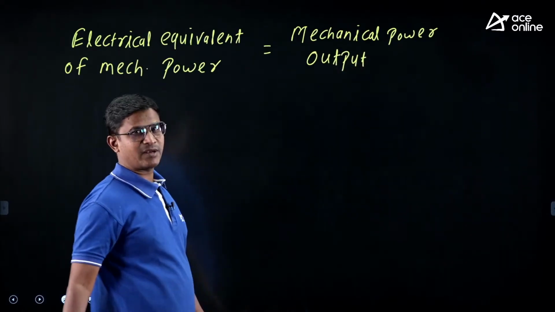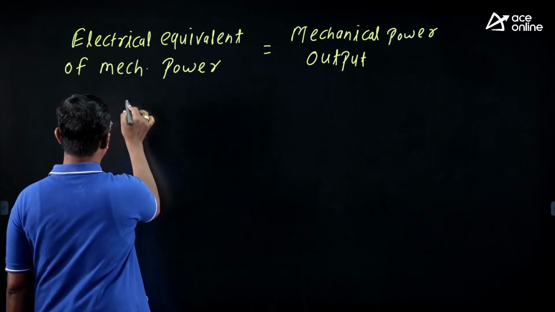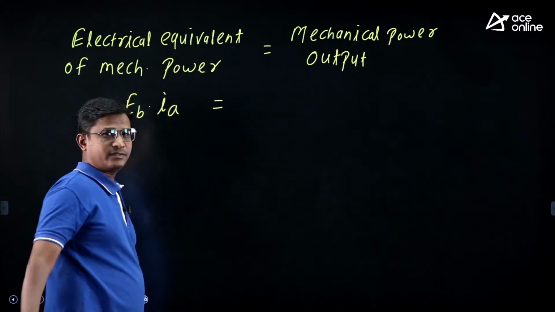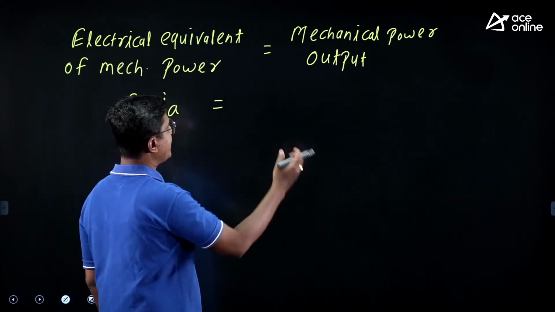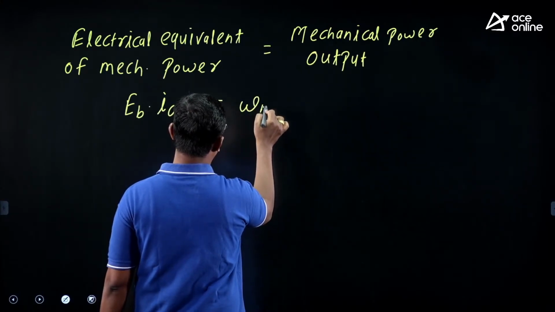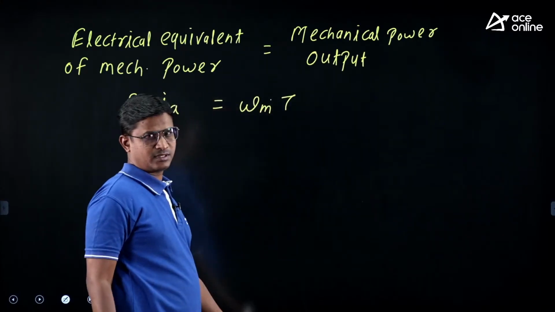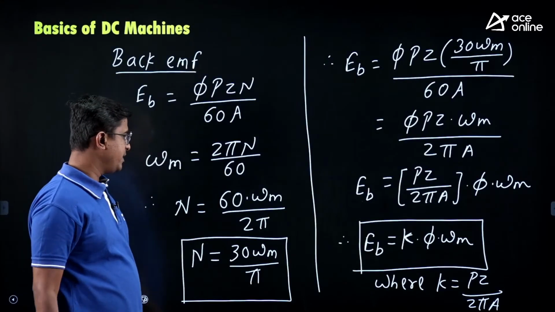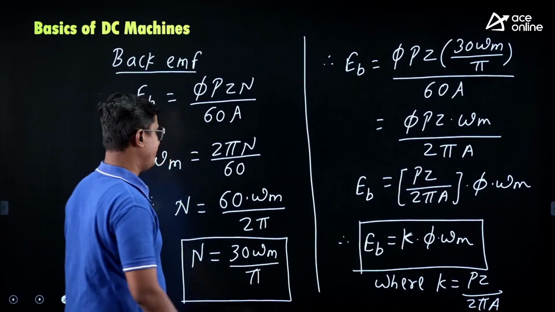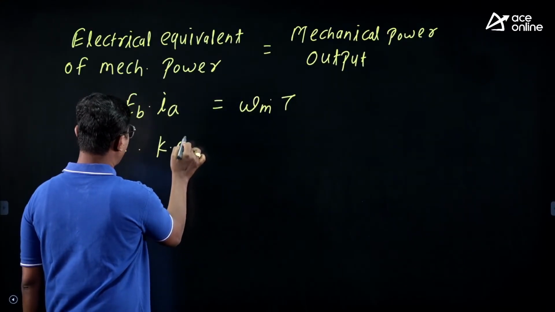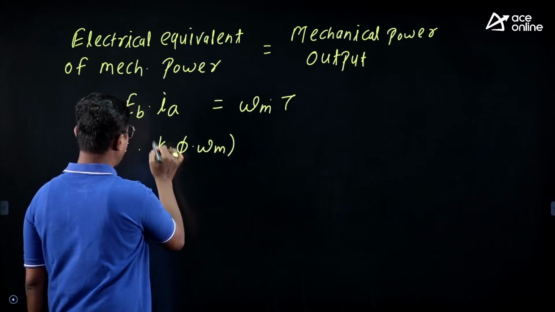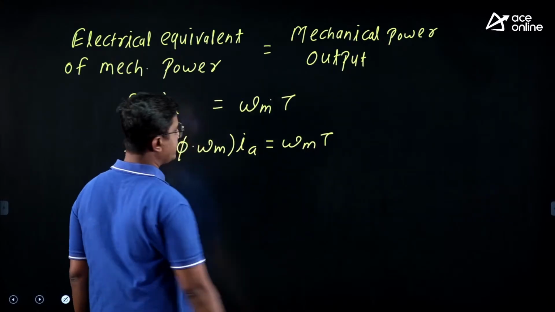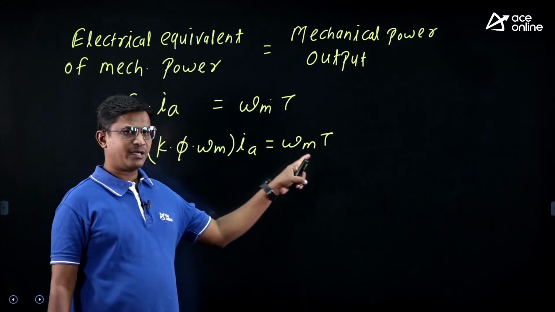Now what is the electrical equivalent of mechanical power? Yes, it is EB into IA, which is equal to the mechanical power developed, omega m into T. So EB is k into phi into omega m, so k phi omega m into IA is equal to omega m into T. Omega m will get cancelled out.